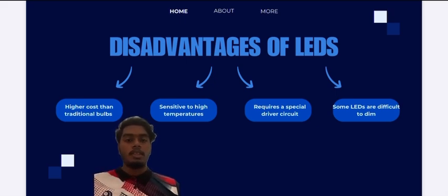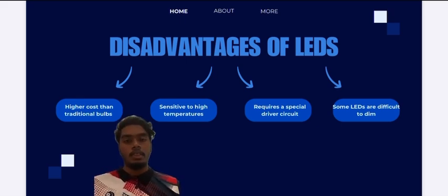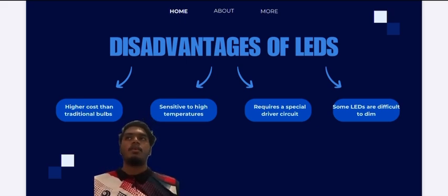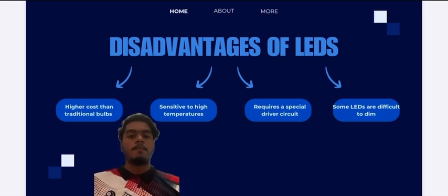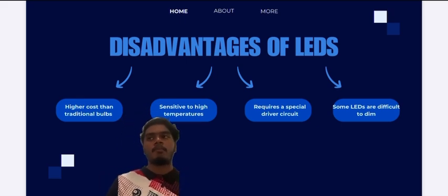Another disadvantage is that not all LEDs can be dimmed easily. Some require special dimmer switches, and if the wrong type of dimmer is used, the LED might flicker or not work properly.